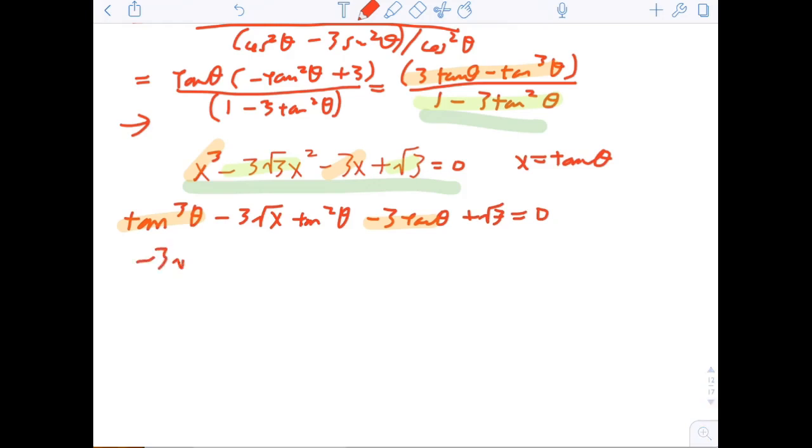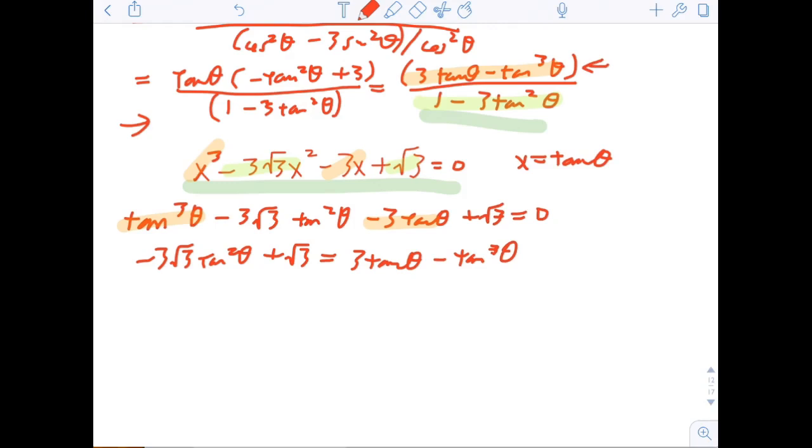We're going to be left with 3 square root of 3 tangent squared theta plus square root of 3 is equal to, and we're going to subtract the two orange terms to the other side, so we'll get 3 tangent of theta minus tangent cubed theta, and we got exactly the top of this, right?